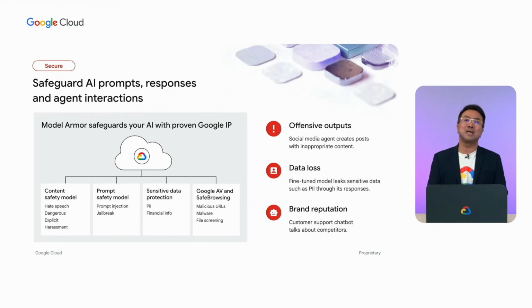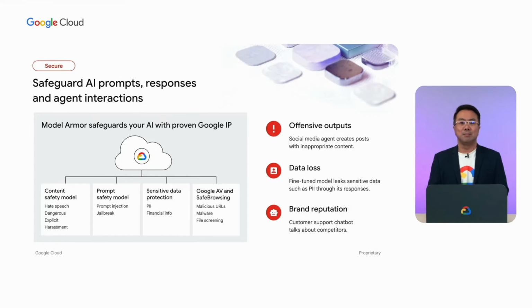And one of our most exciting innovations from Google Cloud is called Model Armor. Think of it as your firewall for your large language models, LLMs. It sits in the flow of traffic and inspects both the user prompt and the model response. And it eliminates the risks that we earlier spoke about, things like prompt injection and model poisoning.